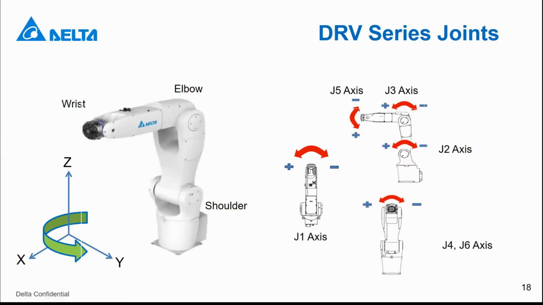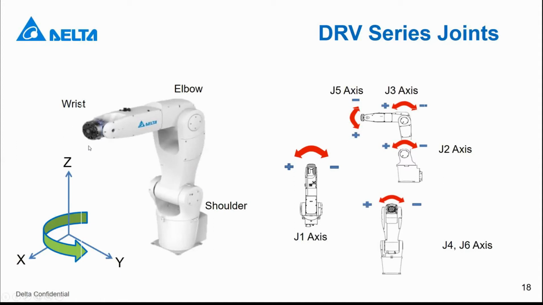And next is the DRV series joints. The coordinate system is also defined like this. The front is the X direction, left is Y, and the top is the Z direction, with a counterclockwise rotation system. Because this type of robot looks more like a human arm, we also name the parts like a human arm.